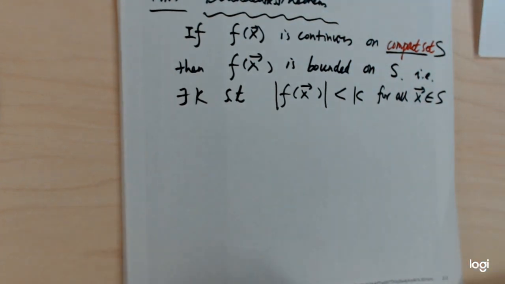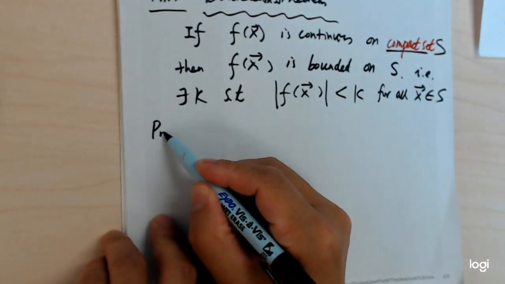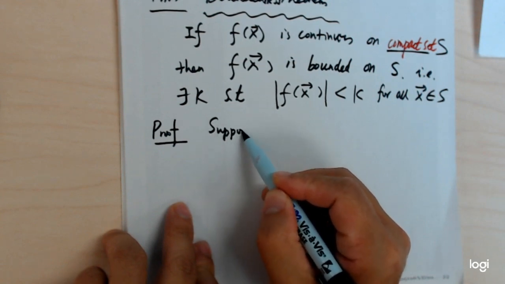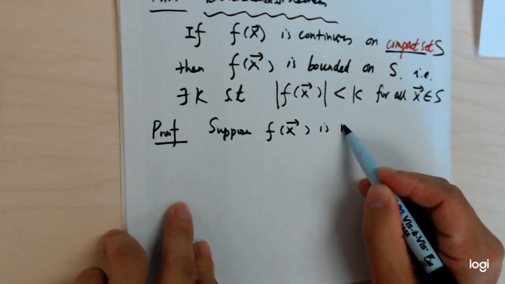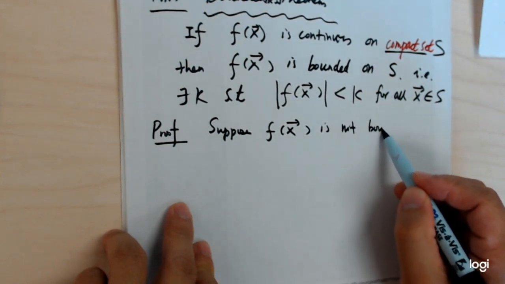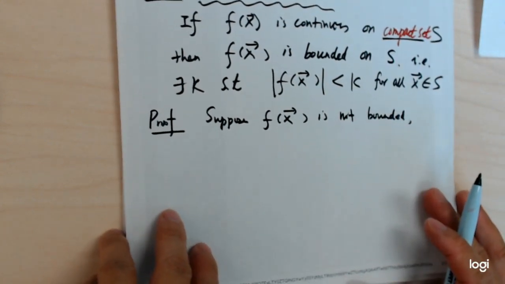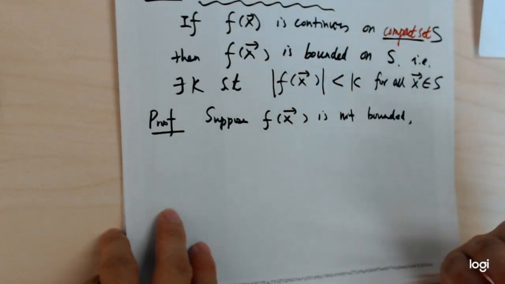So let's now try to prove this. How do I prove a continuous function on a compact set to be bounded? Well, let's try to prove this by contradiction. Suppose the function is not bounded. So that means the function's value will eventually cross any number.